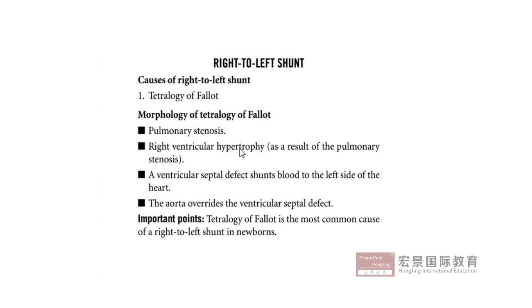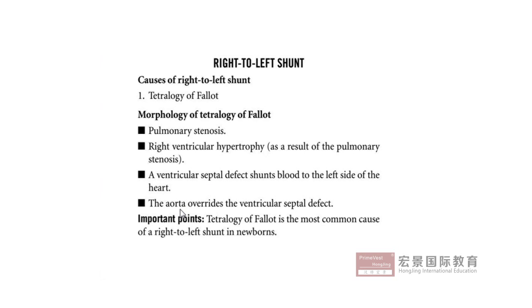Here, that causes outflow tract obstruction. A ventricular septal defect shunts blood to the left side of the heart, because of high pressure in the right side, so the blood shunts to the left side and causes cyanosis.